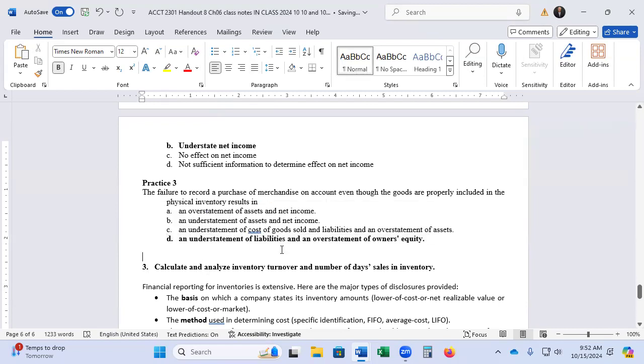And so in that case, you reported inventory, so it's going to be part of your assets, which boosts your equity, and you understated your liabilities, which also boosts your equity. When you think about here, your inventory went up, your liability stayed the same, your equity has to go up.